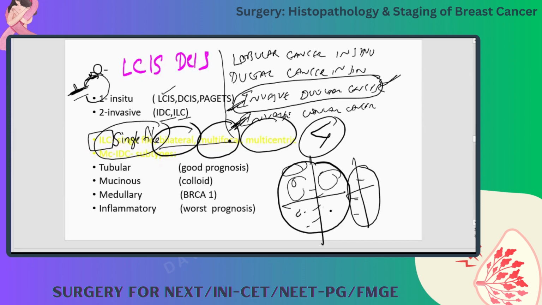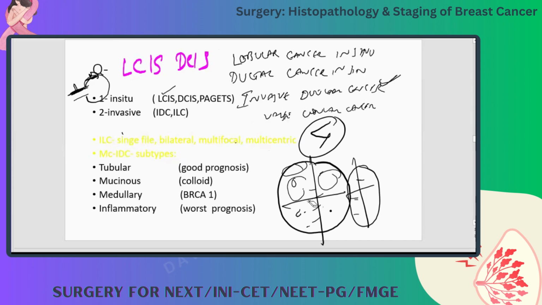On seeing that single file, you have to react like you do to a manhole, where you know that it is a straddle injury of the urethra. In the same way, on seeing single file, you have to pick it up. Is it invasive ductal or invasive lobular? Invasive lobular. Very good. So this is about invasive lobular.